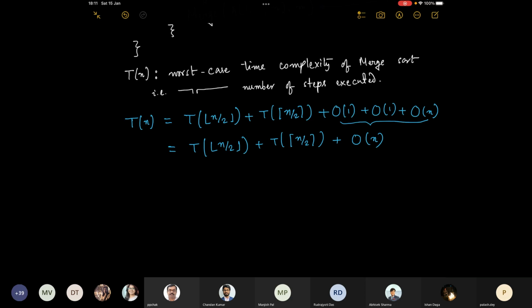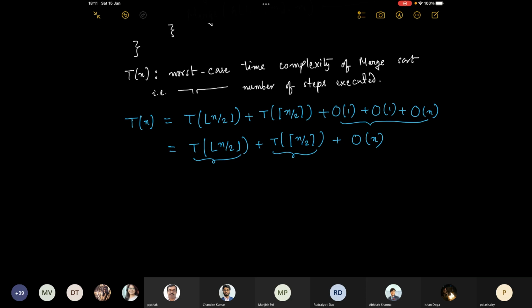For example, if I've written T(n) equal to an expression in terms of T of smaller n's, then I can apply the same definition on the right hand side again. I can expand this term and this term and so on. Keep expanding so that I have T of smaller and smaller n's.